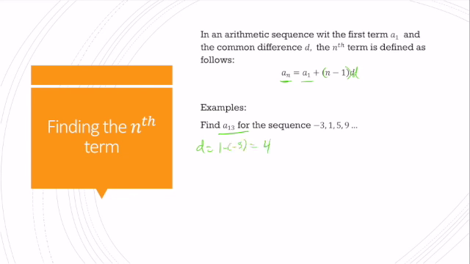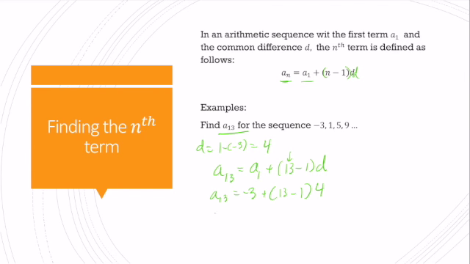So then I know that a sub 13 equals a sub 1 plus 13 minus 1 times d. So let's go ahead and substitute in all the pieces of information I know. I know a sub 1 is negative 3. I know my n was 13. And the difference is 4.